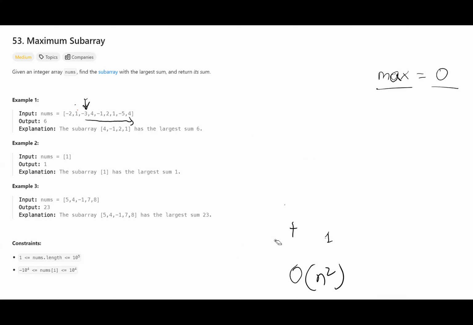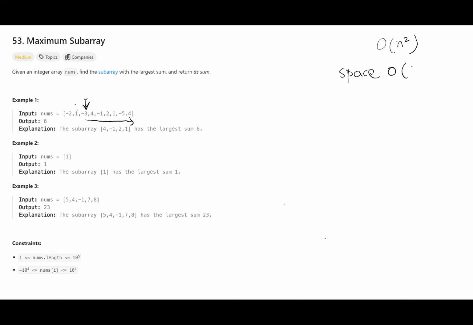For the naive approach, the time complexity is order of n square, and for the space complexity, we are not using any extra space, just one variable for max, so the space complexity is order of 1. That was for the naive approach.